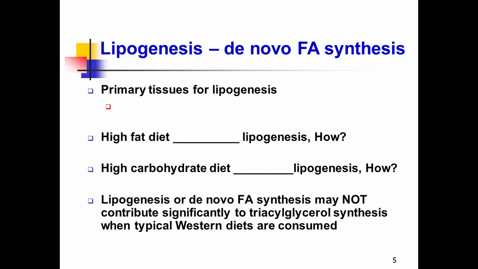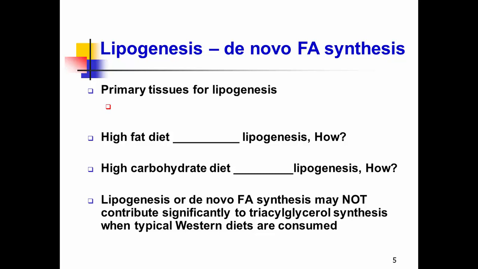Now let's talk about lipogenesis or de novo fatty acid synthesis first. So which tissues are the primary tissues for lipogenesis? Or in which tissue does lipogenesis primarily occur?